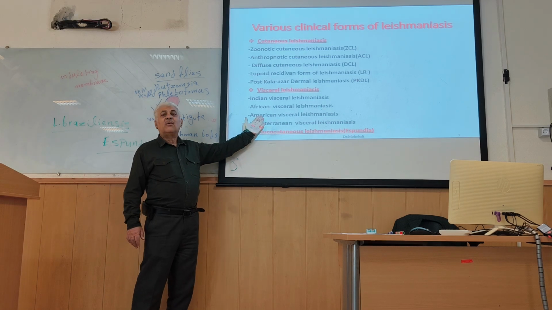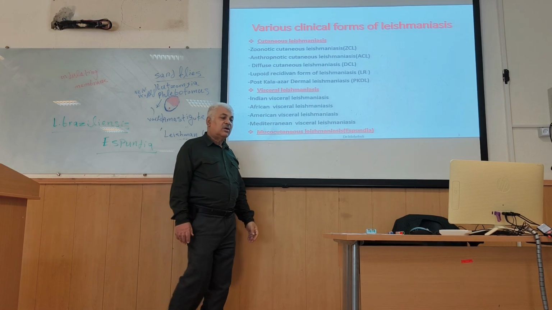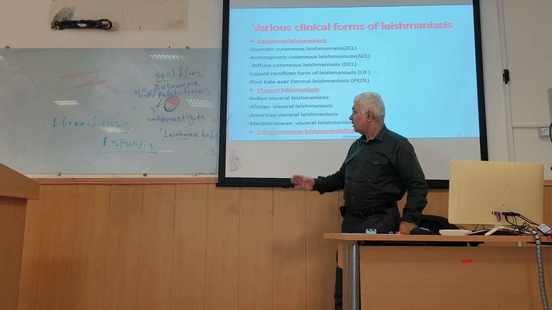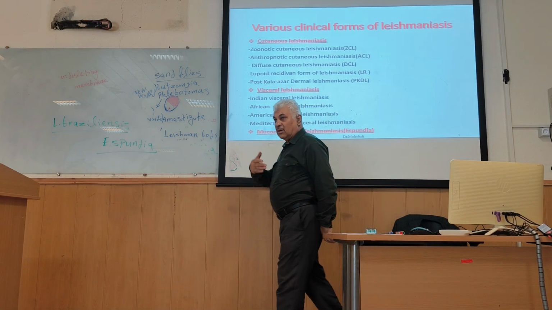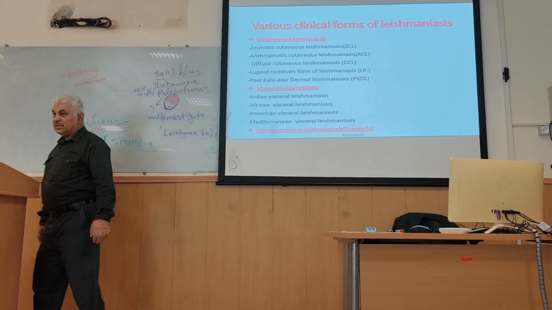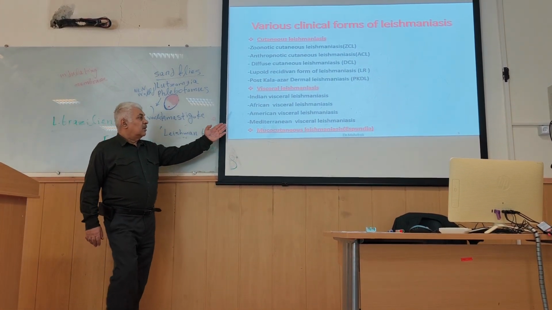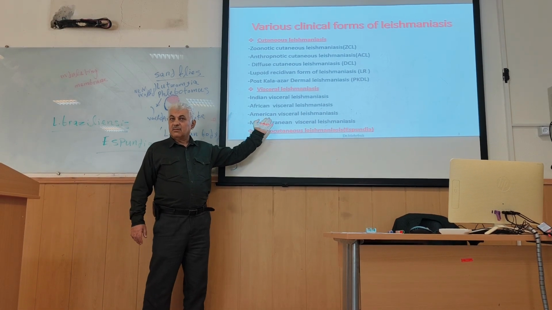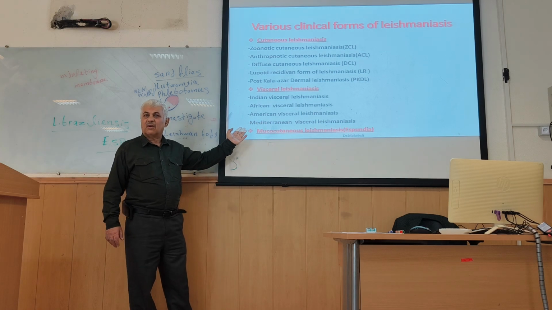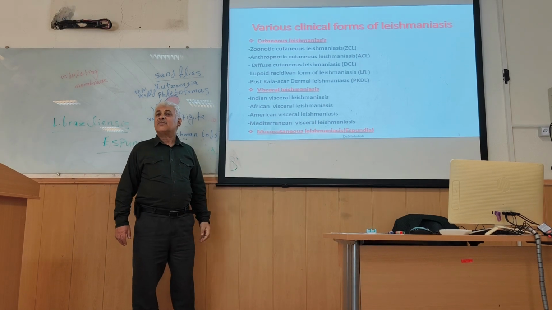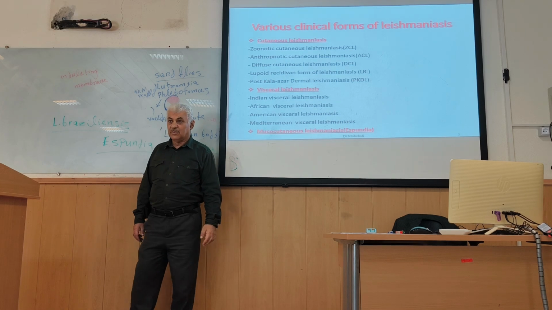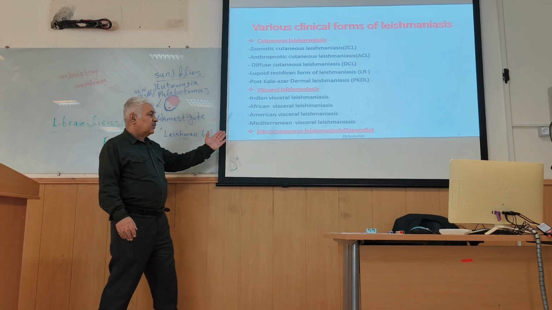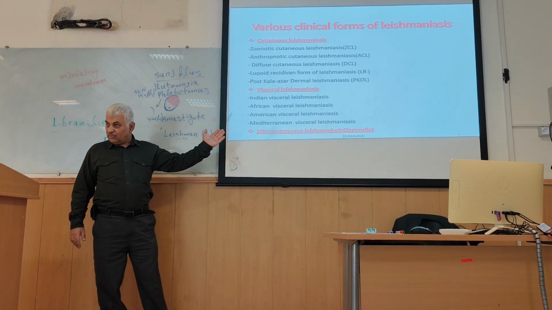The other form is American visceral leishmaniasis, caused by Leishmania chagasi, distributed on the American continent. Lutzomyia is the principal vector of the disease, and canines are the reservoir hosts, such as domestic dogs and foxes. The last form is Mediterranean visceral leishmaniasis, distributed in Middle East countries and southern Europe, and produced by Leishmania infantum.